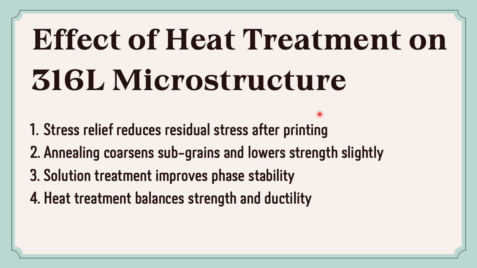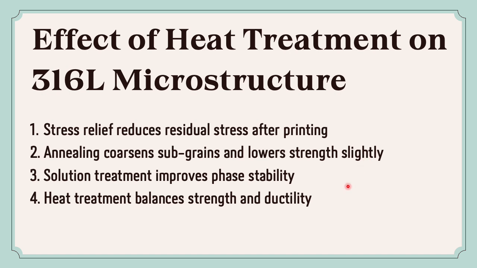Heat treatment is commonly used after additive manufacturing to optimize the microstructure and properties of 316L stainless steel. First, stress relief treatment reduces the residual stress generated during the printing process. Second, annealing causes the cellular subgrain structure to coarsen, which may slightly reduce the stress but improve the microstructural uniformity.